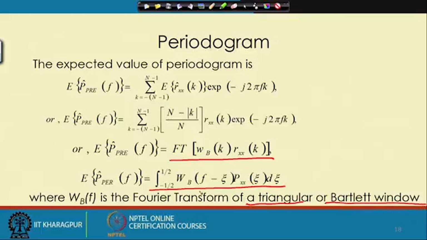So, we get something that is not exactly the PSD, but the original PSD convolved with a window function.